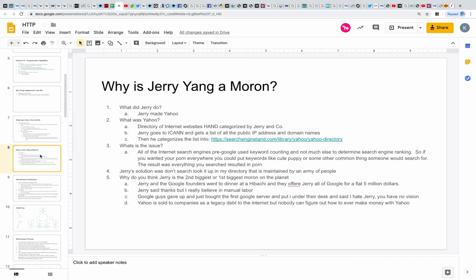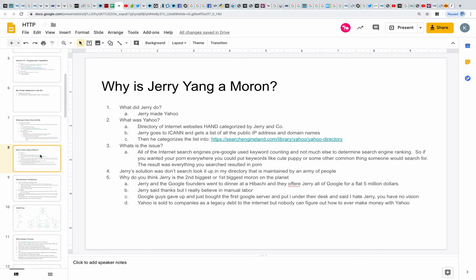It was a directory of websites. The difference between what Jerry did and everybody else is that Jerry had an army of people manually categorizing websites, taking ones that were submitted to them and actively finding others, and organizing them into a directory of all of the websites on the internet at the time.